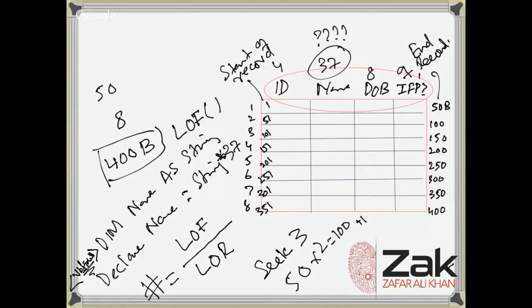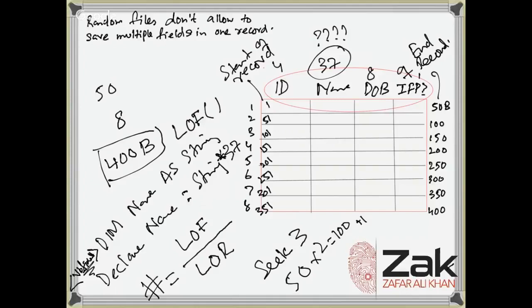Random files don't allow you to save multiple fields in one record.